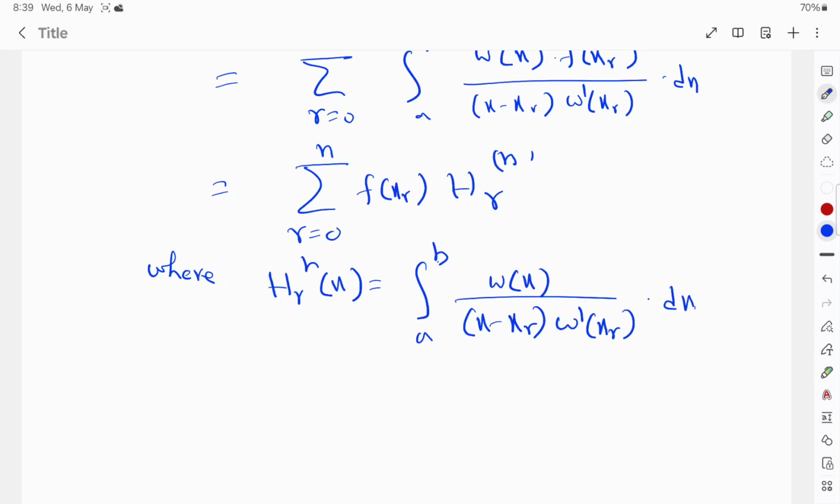Now what happens in Newton-Cotes? Whenever you are applying Newton-Cotes, the nodes will be equally spaced.